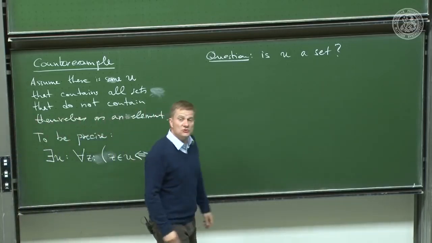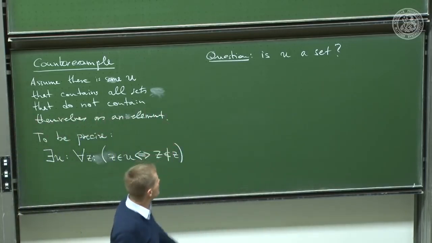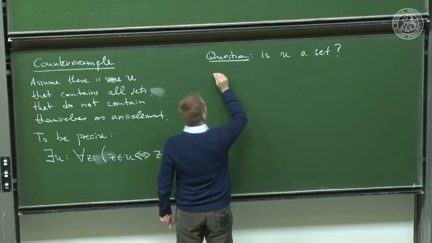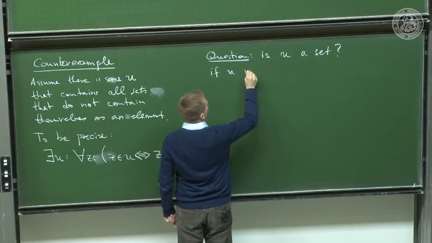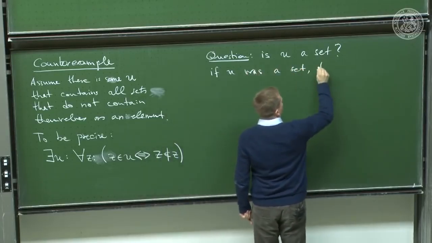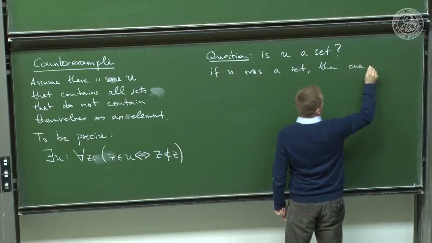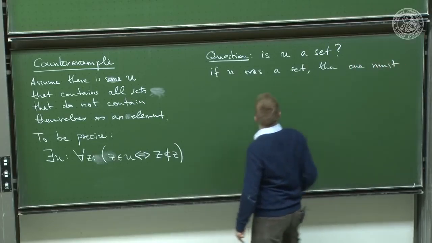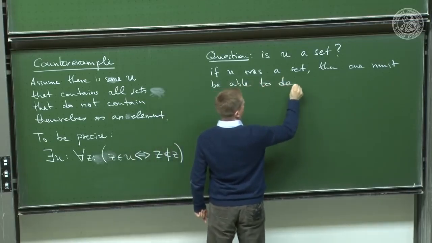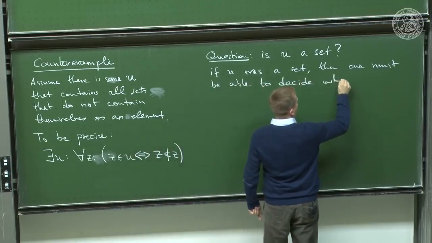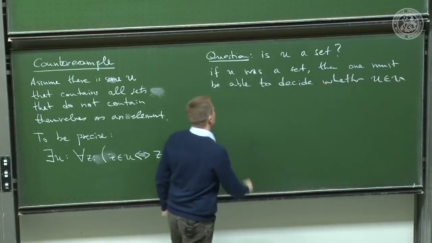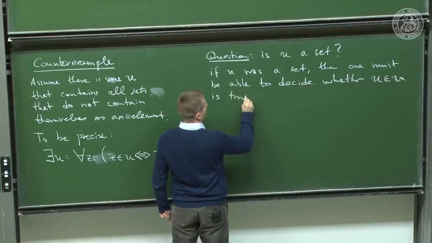And the answer is no. But how can we see this? Well, by looking at this axiom, because if U was a set, then one must be able to decide whether U in U is true or false.